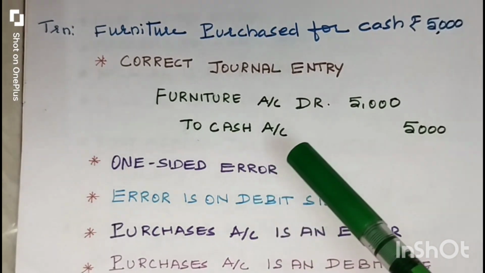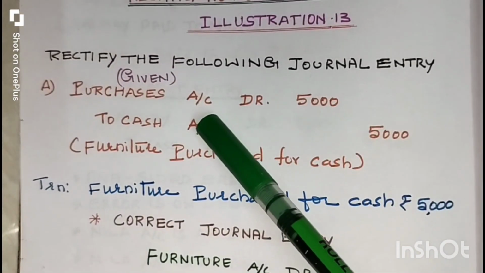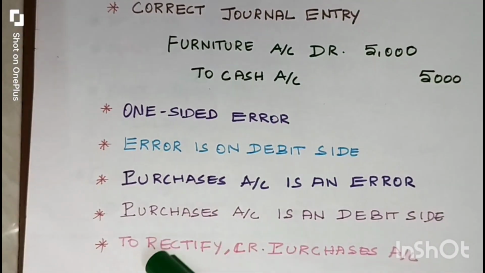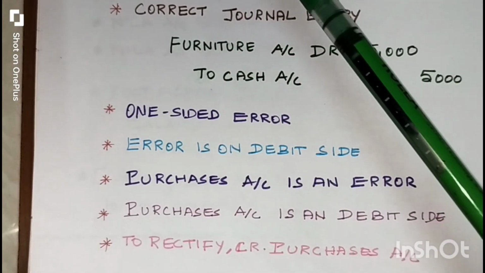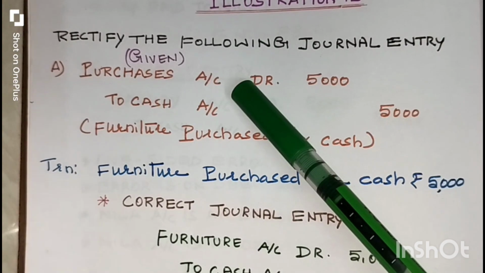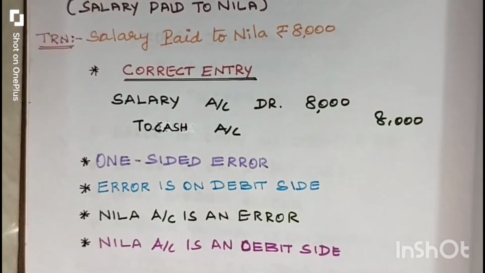Which account is the error? Purchases account is the error. Where is the purchases account? It is on the debit side. To rectify it, you need to credit the purchases account.